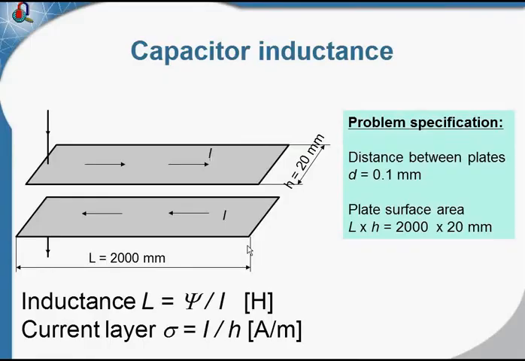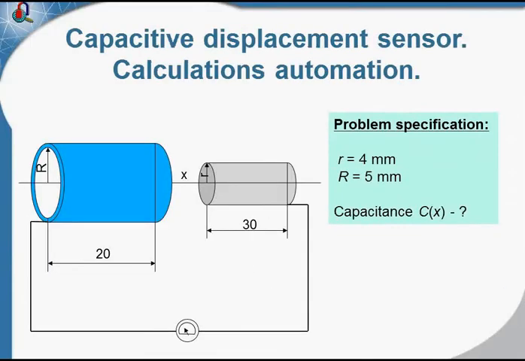Now let's move to the next example. The capacitive displacement sensor. The capacitance displacement sensor is a kind of capacitor, the cylindrical capacitor.